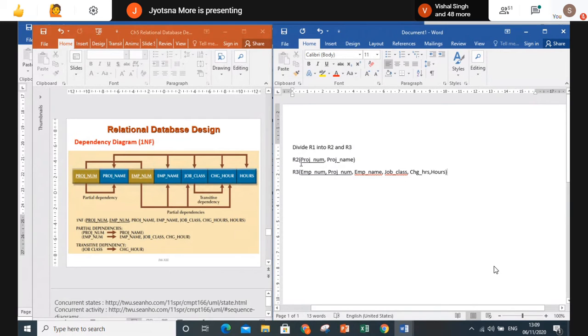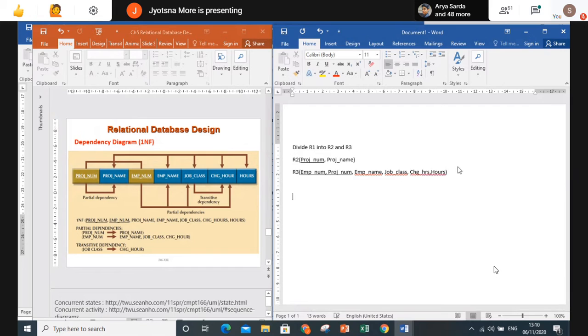Why am I breaking it into two different relations? Because R1, as part of my 1NF, shows the partial functional dependency, so I have to remove that. For that, I have done this, breaking R1 into two relations. Now here I cannot say it is partial because only project number is the primary key here, and here these two are the primary key, and it is okay.